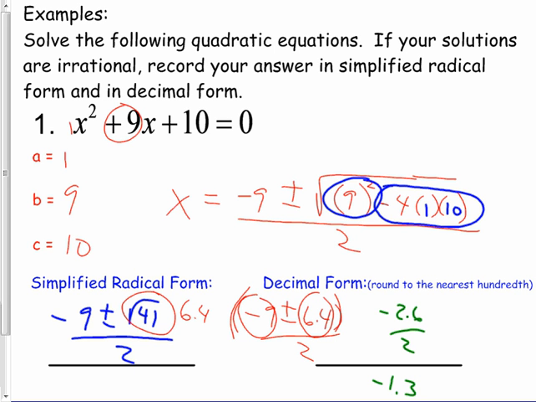And then the other one is negative 9 minus 6.4, and that makes negative 15.4 divided by 2. And that is half of 15.4, which would be half of 15, which is 7.5, and then half of the 0.4 is 0.2, so it'd be 7.7. Negative 7.7. Did I get that one right? Yay. Okay. There's your 2 answers.